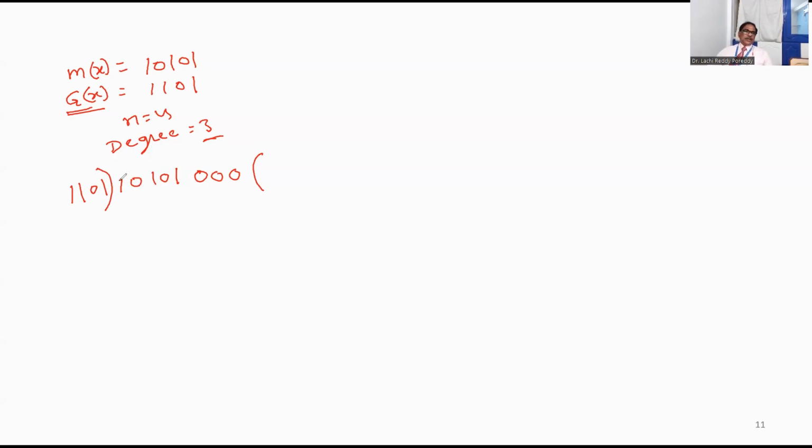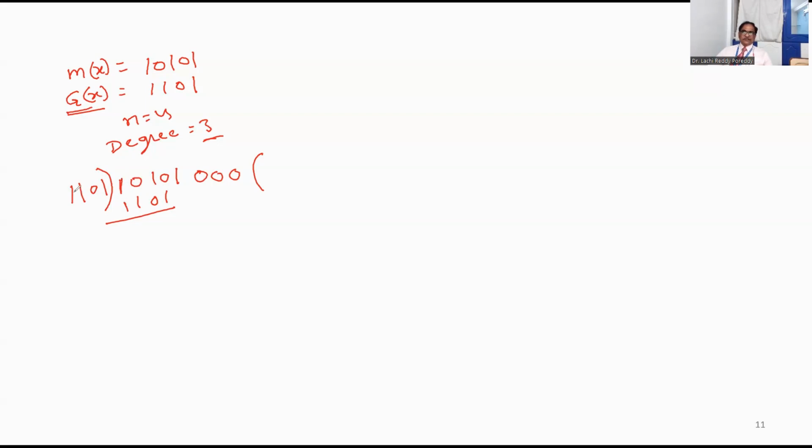So if the MSB is 1, we can say 1101. We are not bothered whether the partial dividend is greater than the divisor or not. But what we have to make sure is the MSB must be 1.